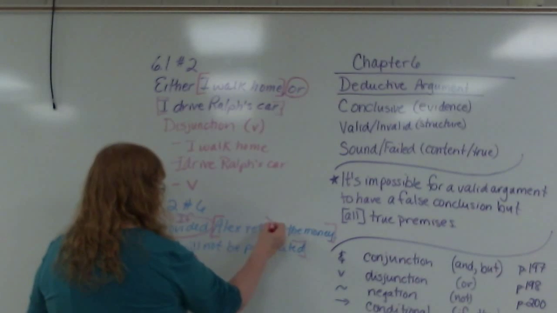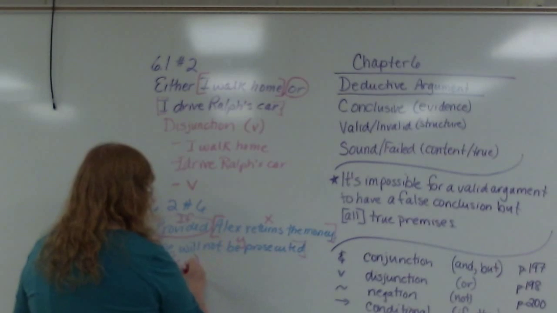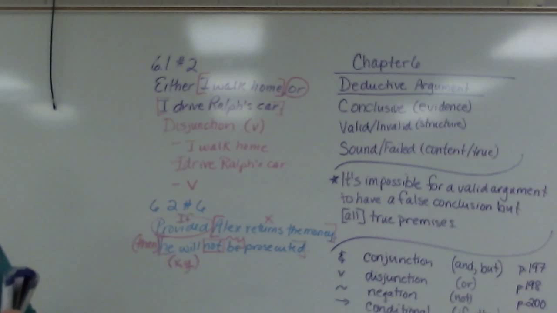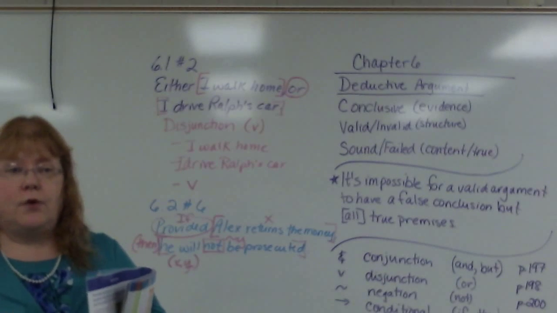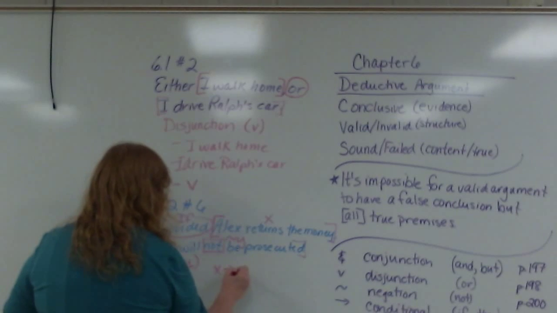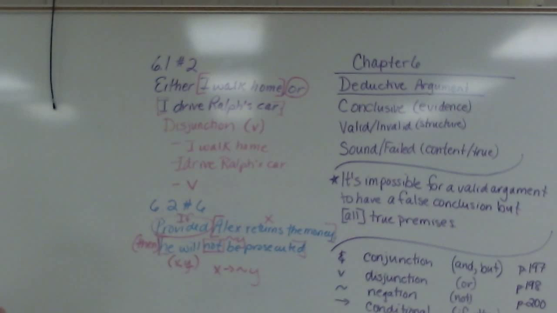My first part is my first variable, X. My second part is my next variable, Y, but I have to put the little tilde in there. So the way I would represent this in our standard form is if X, then not Y. Not too bad? Okay.